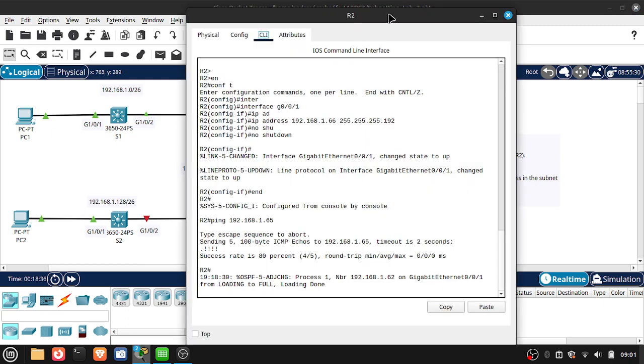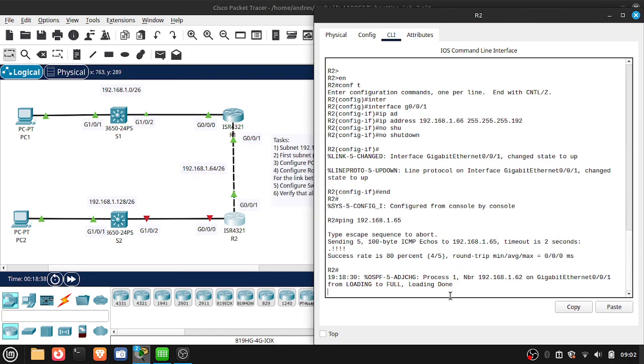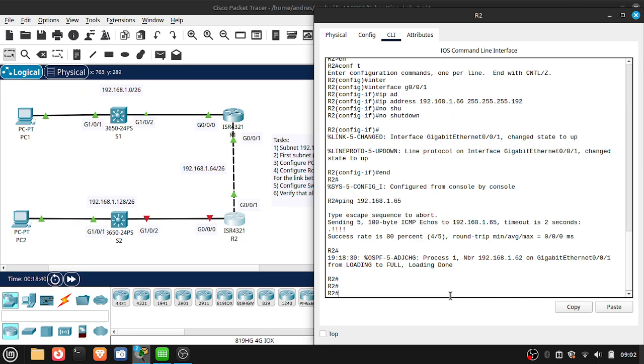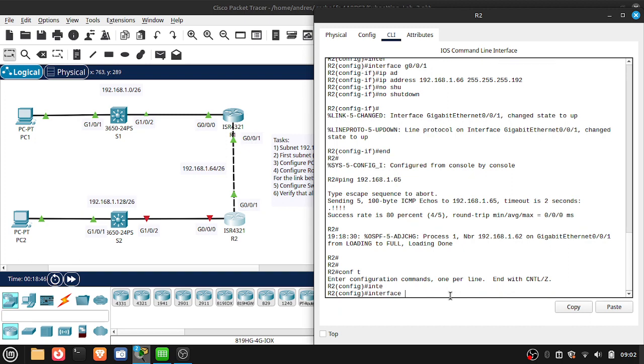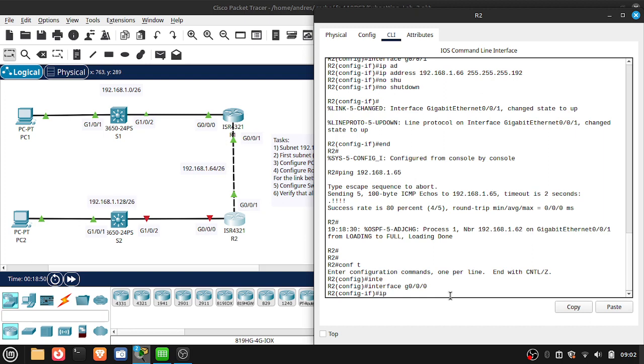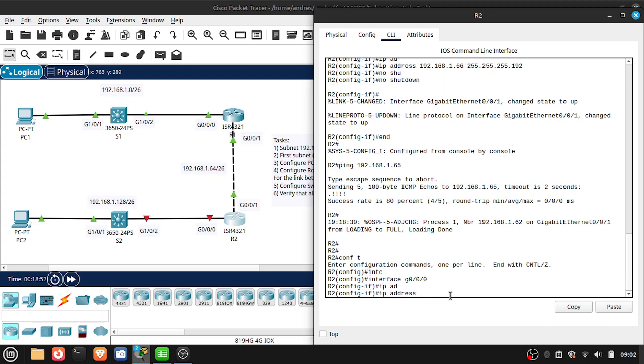Enter to CLI, put to the right, and go to configure terminal, interface gigabit 0/0, IP address. Now this is our default gateway for the third subnet, and we're going to use 255. No, because we had already said that it's the broadcast.